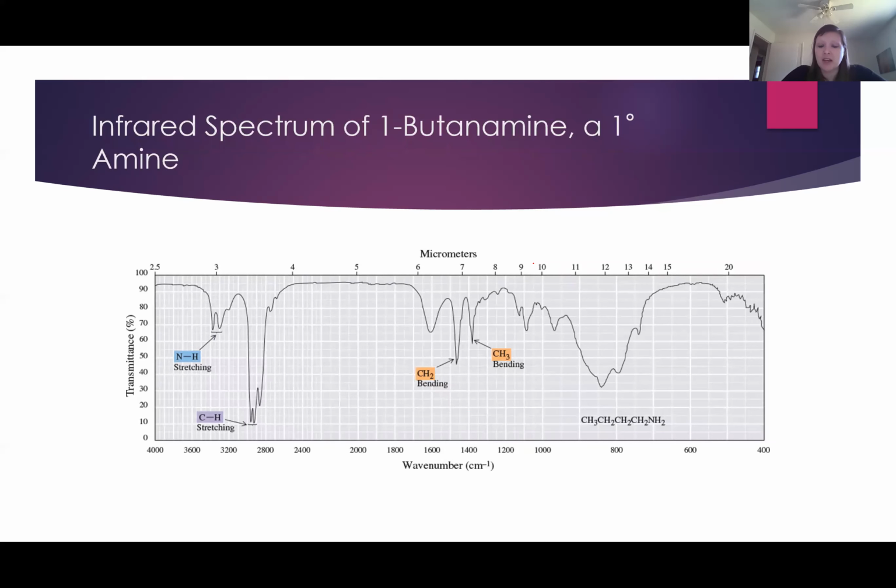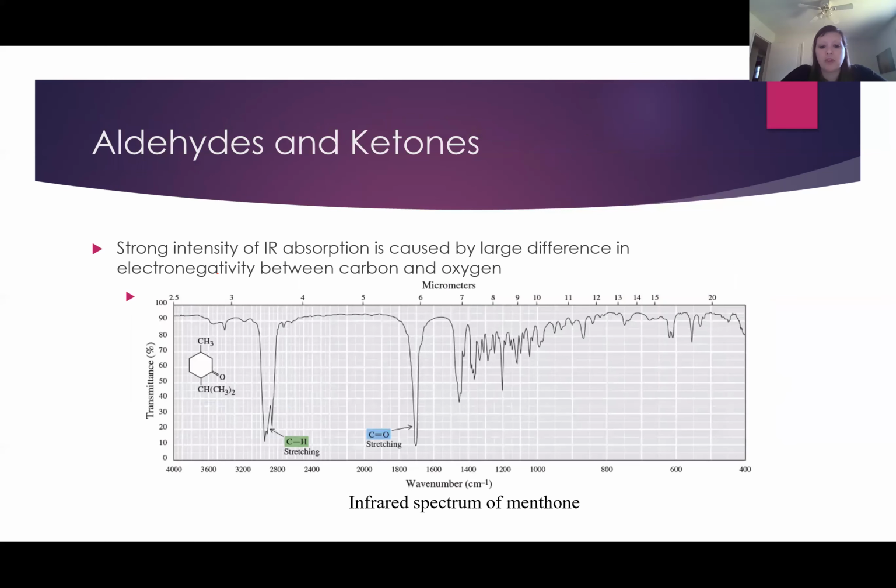This is an amine. Amines are unique in that they have a double peak down here for primary amines. You also see the CH2, CH3, and the CH stretching here. Aldehydes and ketones, as well as all of your carboxylic acid derivatives, are going to have this strong absorption peak at about 1700.